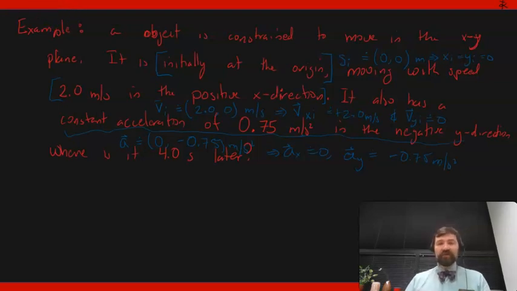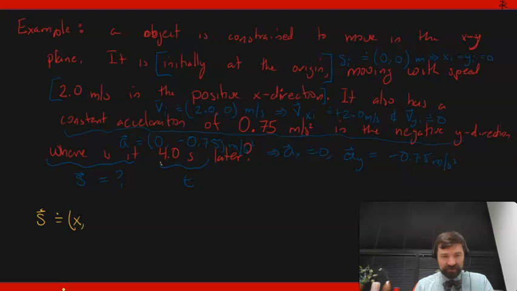We want to know where this object is after 4 seconds. So this 4 seconds is your time. The question, where is it, means we're looking for S. S can be represented by x, y, or also by r comma theta.